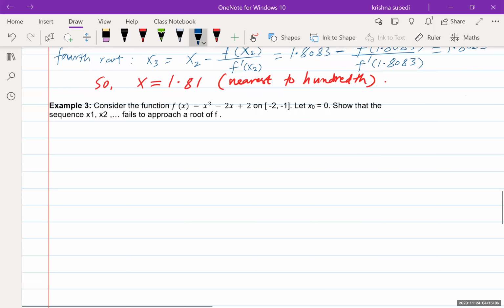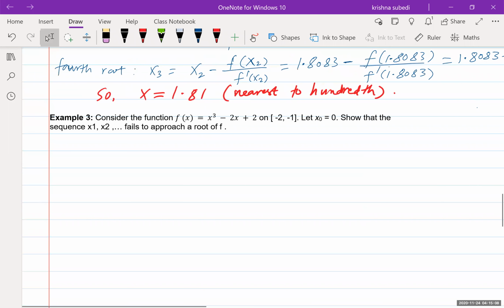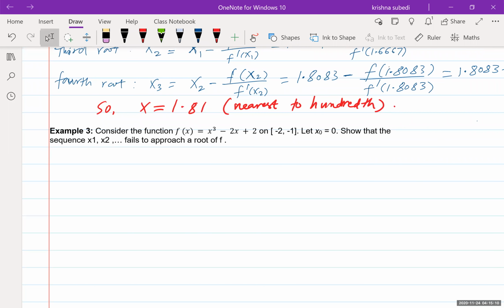Now the question is, is there any situation where Newton's method fails? We want to discuss that. Does it always work? Are there any cases where Newton's method actually fails?